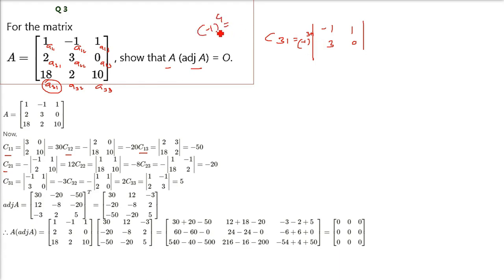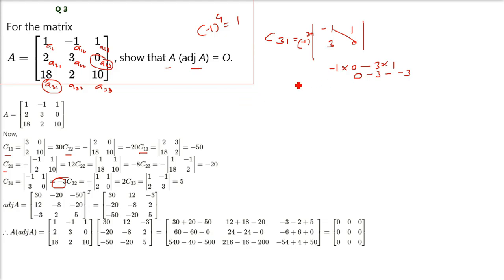So minus 1 to the power 4 is what? It is going to be 1. Minus 1 to the power odd is minus 1, to the power even is always 1. So let us find it out. Minus 1 into 0, 3 into 1, you subtract it, it is going to be minus 3. So this is minus 3.